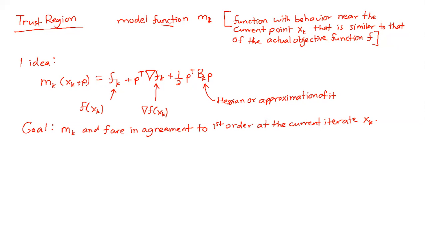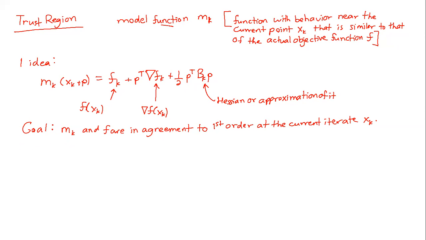What would that even look like? A possible idea is to take the first order approximation of your function at the current iterate and use that in helping you approximate what the value of your objective function is, something like that.